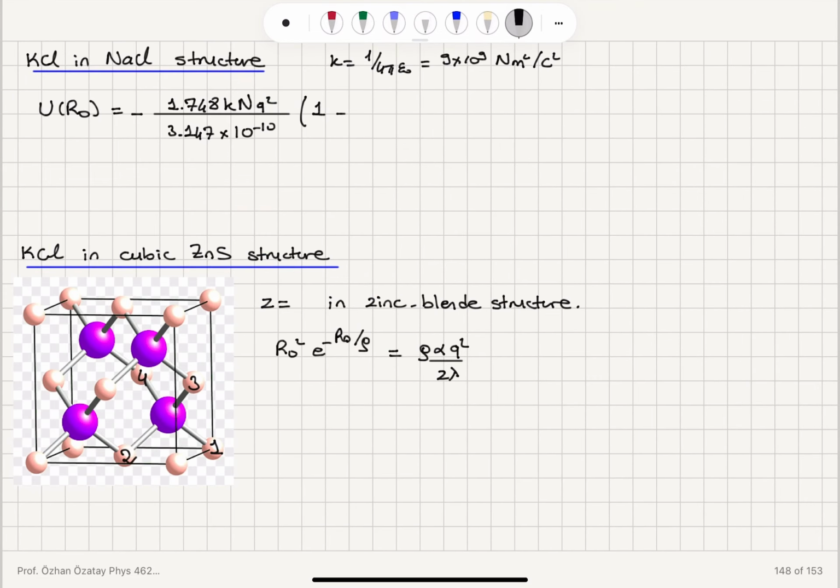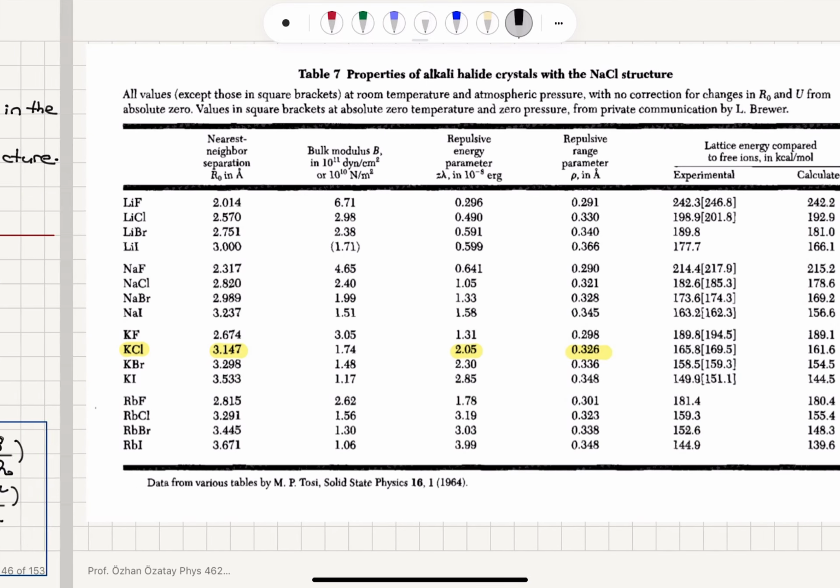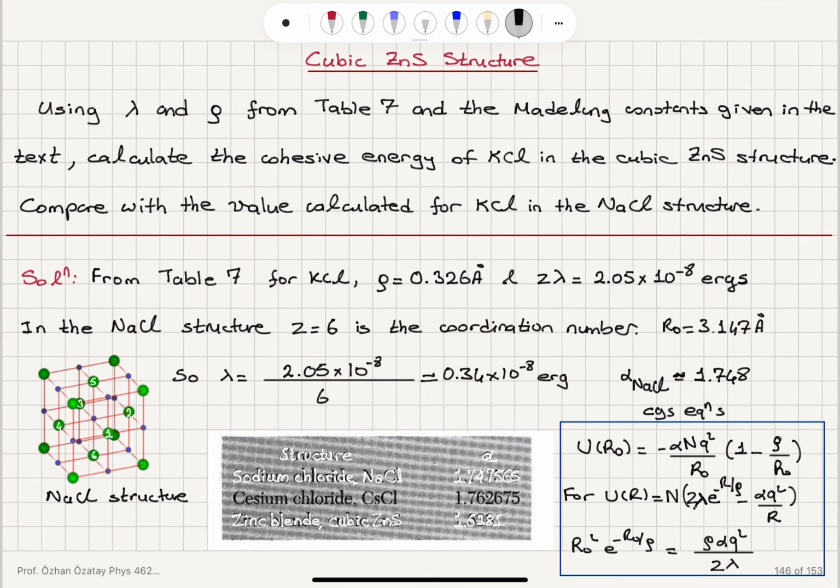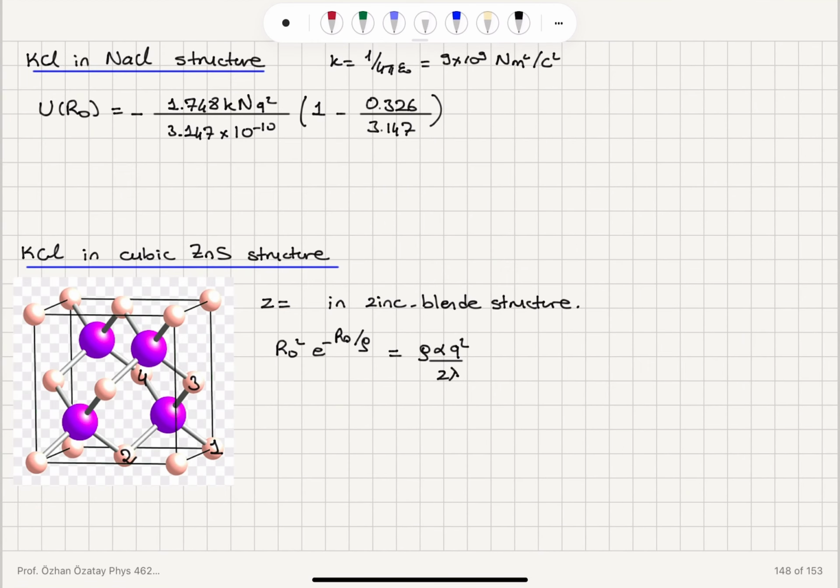rho over R0. So we're going to have rho, 0.326, divided by R0, 3.147. So rho was 0.326 angstroms, R0 is 3.147 angstroms. So we substitute the numbers here.